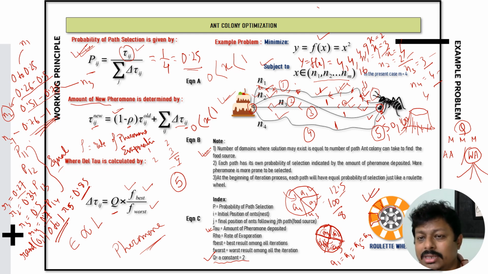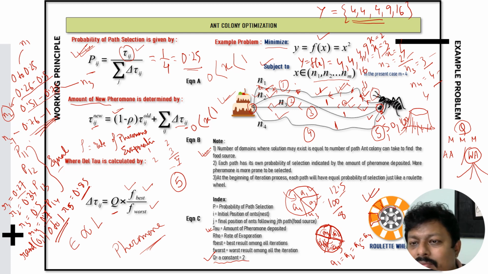So at the end of the first iteration, what happened? We have 5 values: 4, 4, 4, 9, 16. Within these 5 values, which is the minimum value? These 3. Our problem is about minimization.